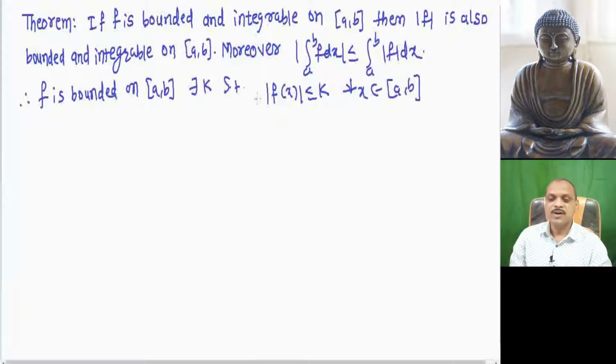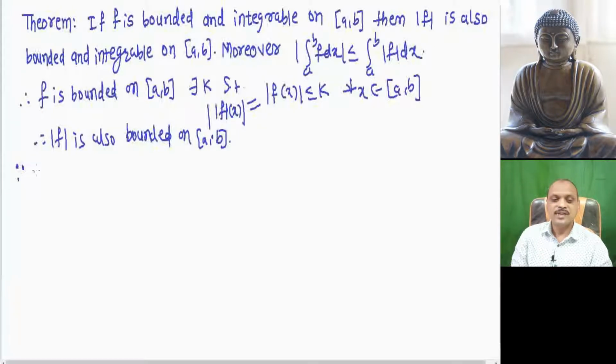But this is nothing but mod f of x. Therefore this function mod f is also bounded on closed interval [a, b].